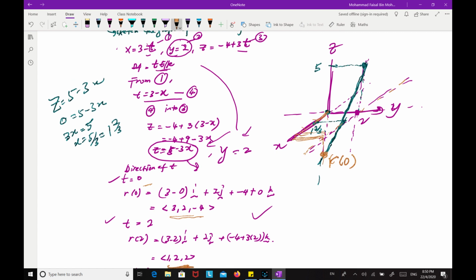Okay, because this is at y equals 2, and 2 upward.